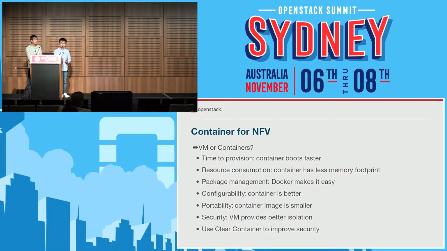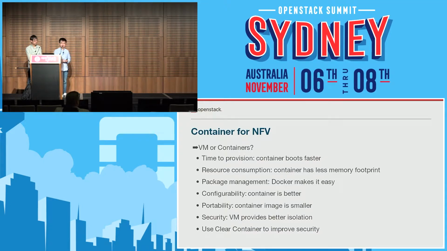And the configuration is easy, because in Docker you have several options to configure the process that is running in the containers. And its portability is better because the size of the Docker image is smaller than VMs.